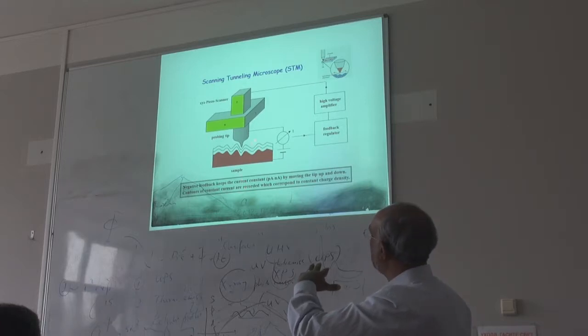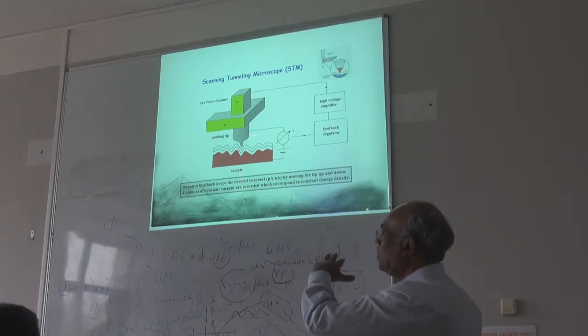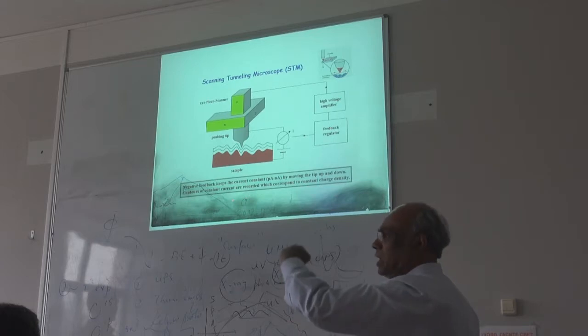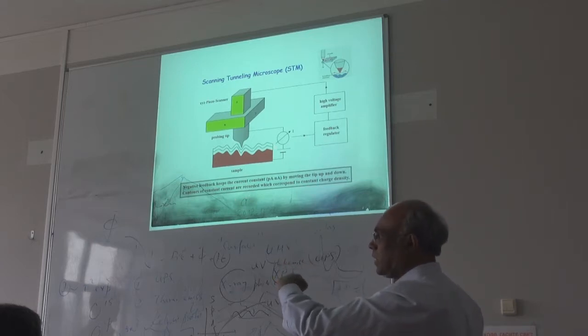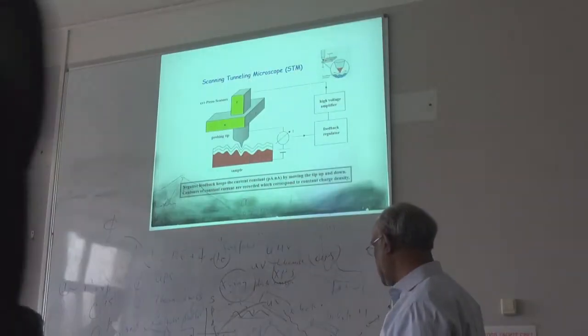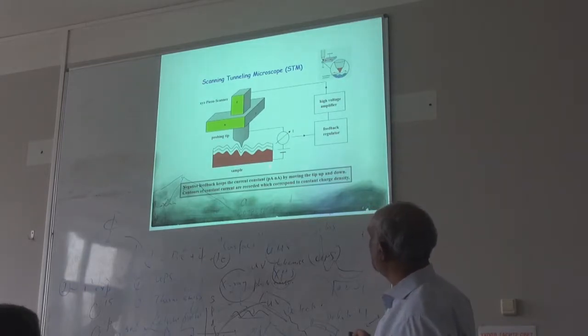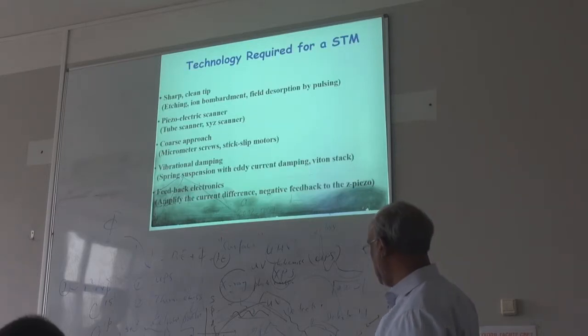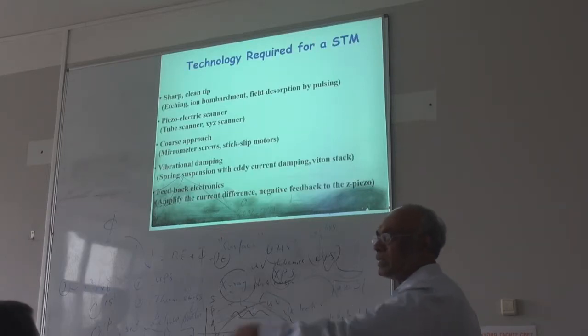If you go to a place like this one, it will move up. That adjusts the height to keep the current constant. These currents are typically picoampere to nanoampere. By doing that, you can easily map the samples.